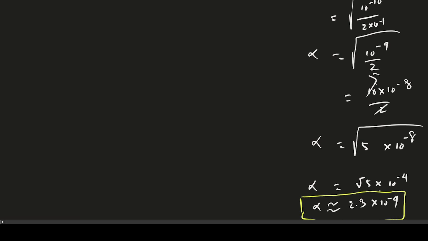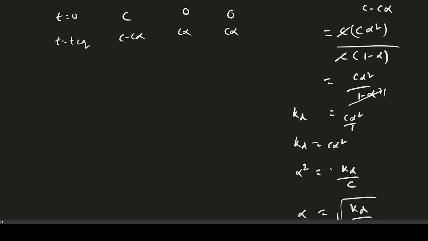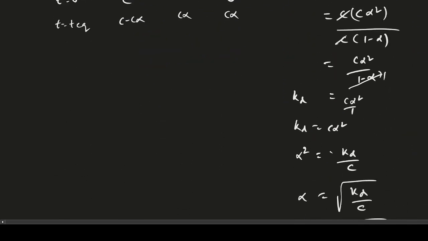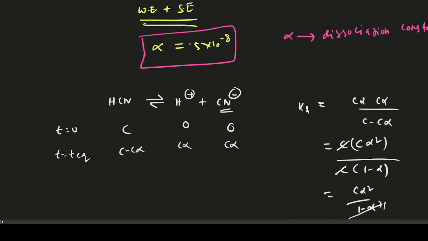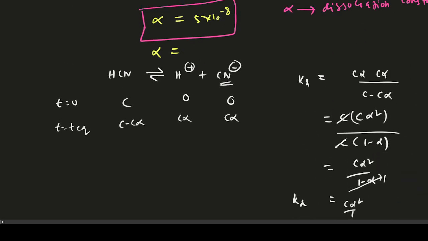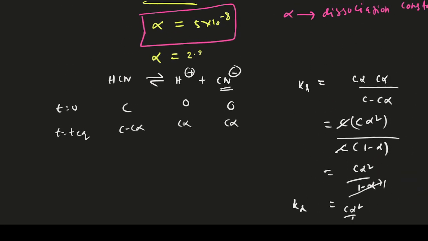This is the alpha value when we are not adding the strong electrolyte. If you add the strong electrolyte, then the alpha value is different, and if you do not add it, the alpha value comes to 2.3 into 10 raised to minus 4.